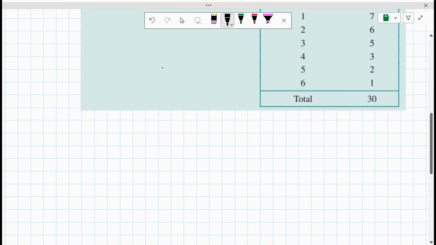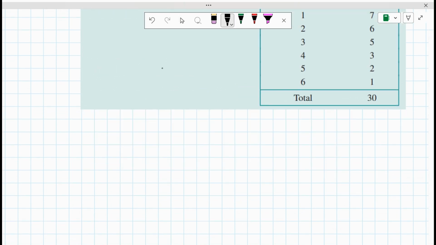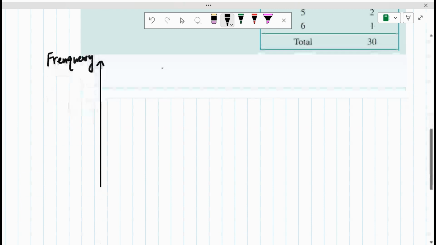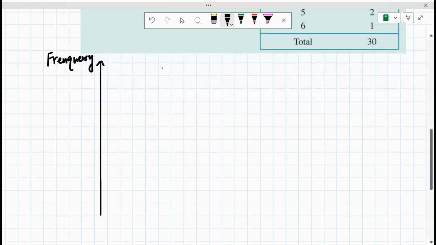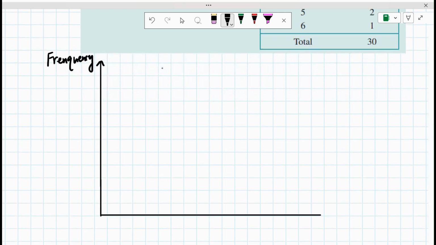First things first, frequency is on the left, so we draw the vertical line and call it frequency. Then we draw the horizontal line, which they call number of siblings.